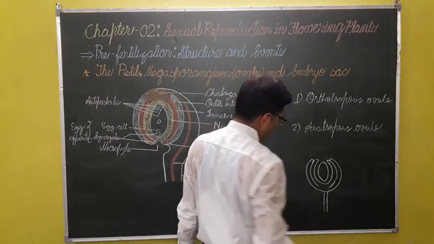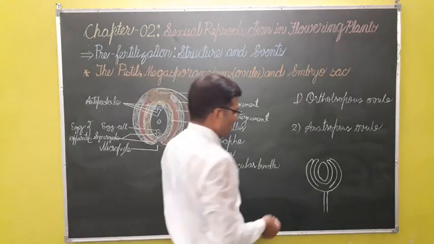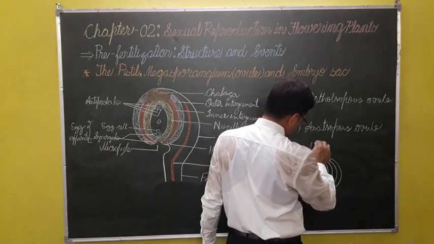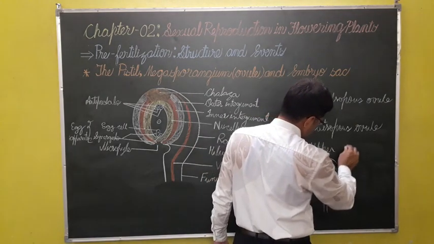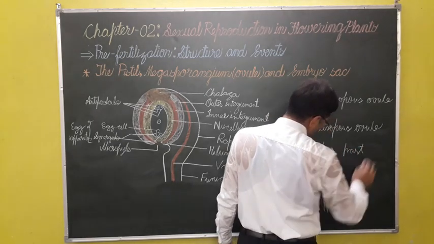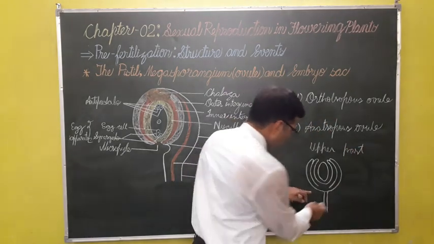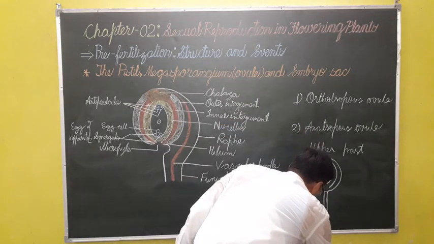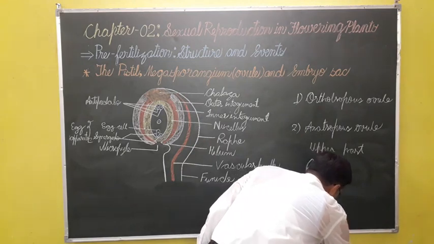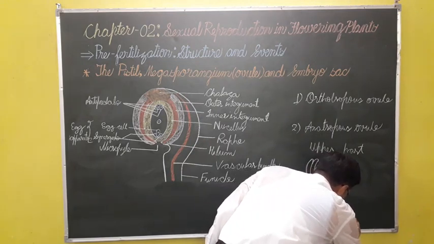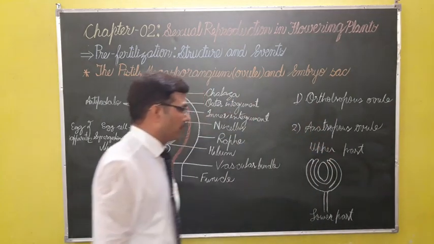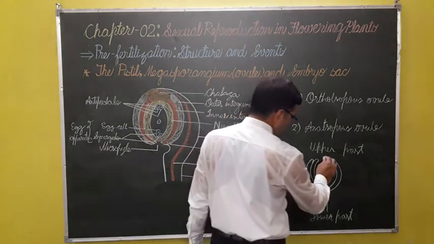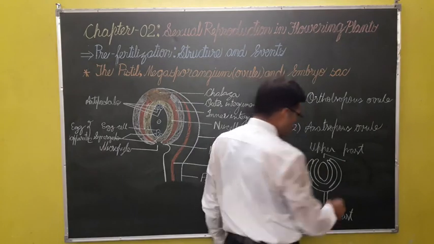Now in this ovule, what are we observing? This part of the ovule is called the upper part. And obviously this will be the lower part. Here it will be the lower part to which the funicle is attached. Now students, what you will have to understand here is that the upper part always shows the micropyle, because here is the micropyle.